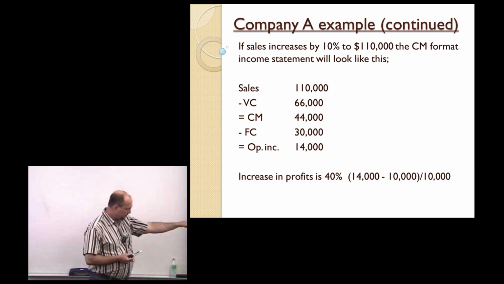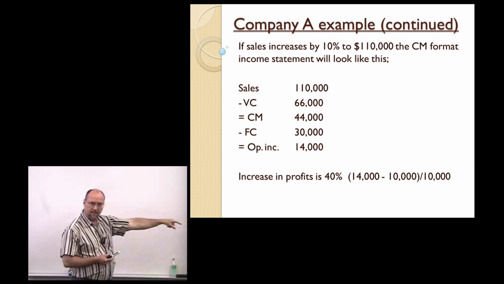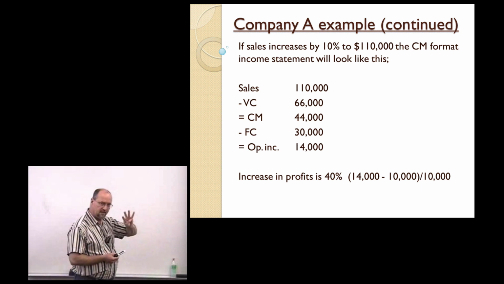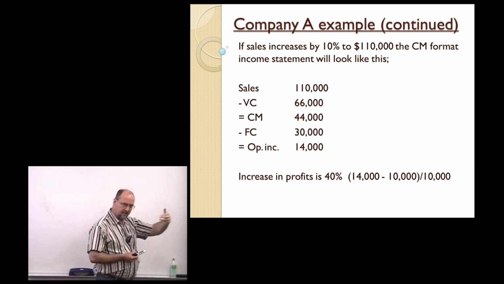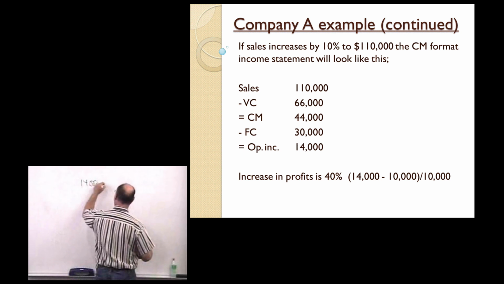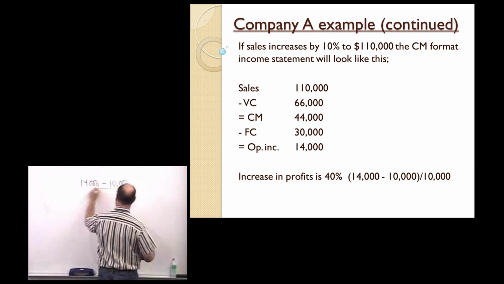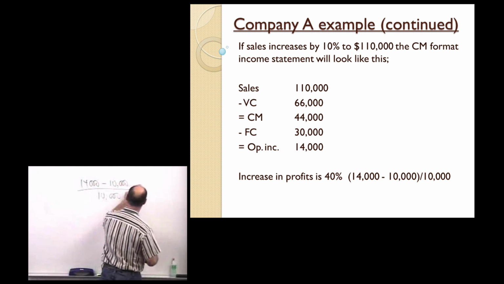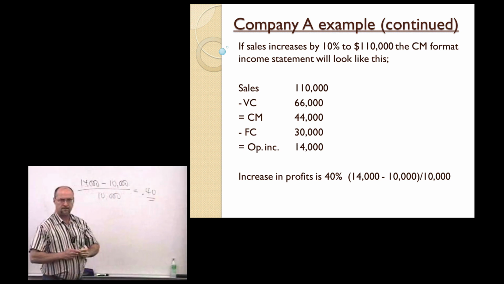Let's just do the math. Profits did, in fact, go up by 40% because our leverage was 4 times. So revenue went up 10%, 10 times 4, profit goes up 40%. Our formula would be current year profit minus previous year profit, divided by previous year profit. There's our 40% increase.